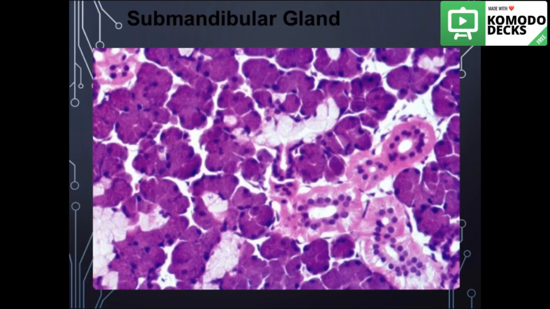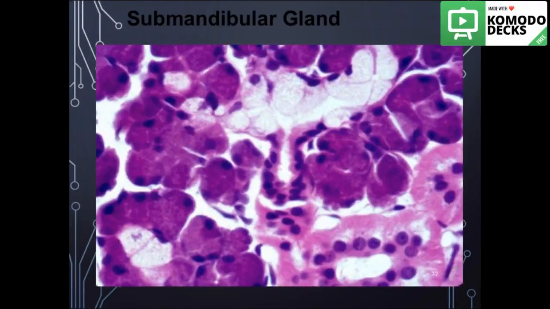Similarly, we see clusters of secretory cells with striated ducts. In a magnified look, we see small intercalated ducts with prominent nuclei and larger striated ducts around the secretory acini.